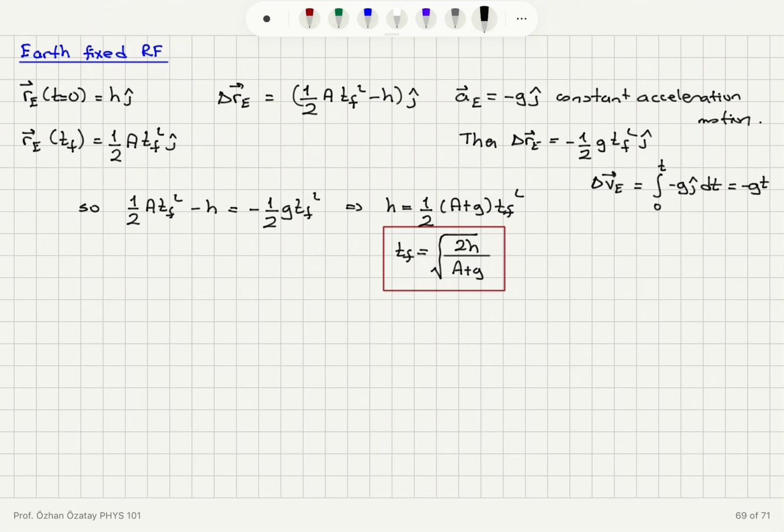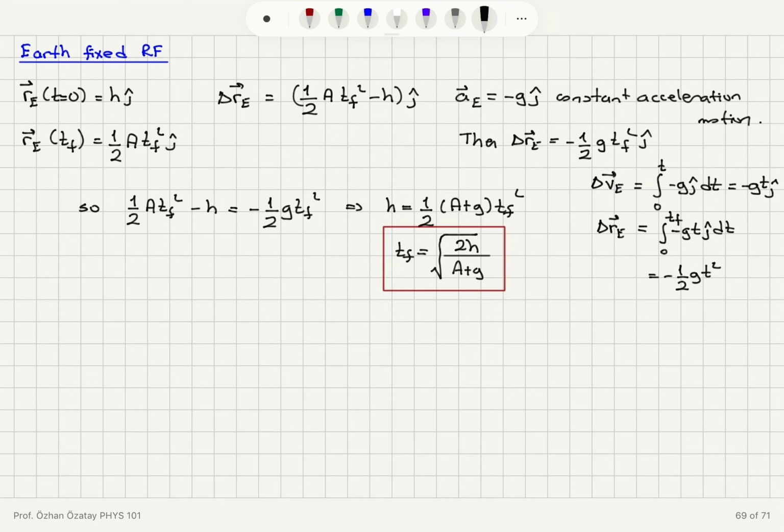And then I find the displacement delta RE, which is going to be the integral from 0 to t of minus g t j hat dt, which is minus 1 over 2 g t squared, from 0 to t final.